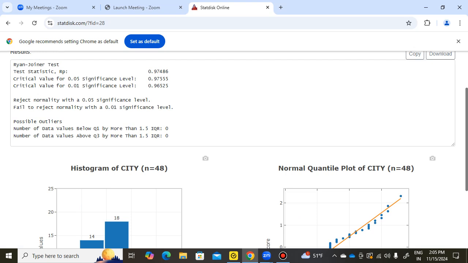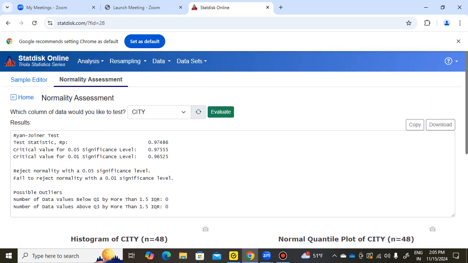Zero outliers. And then we see on this, it rejects normality at the 0.05 level, but fails to reject at the 0.01 level. So that's where things can get a little bit confusing. Basically, we have evidence that we can reject it as long as our significance level is high enough.